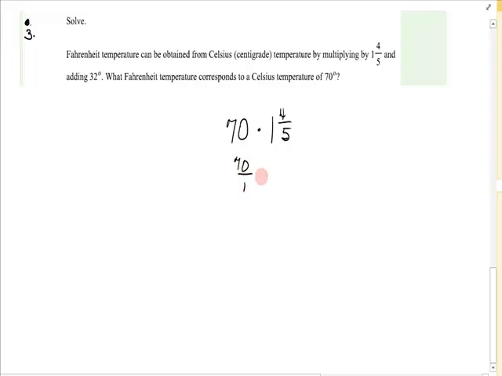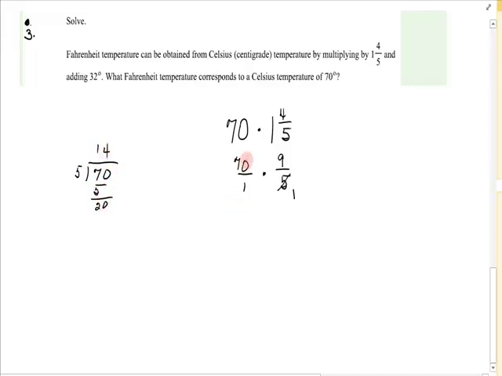70 over 1 times 5 times 1 is 5, plus 4 is 9 over 5. I can reduce because 5 goes into itself once, and I know 5 goes into 70 because it ends in a 0. So 5 into 70, I'm going to go 1, that's 5, gives me 20.